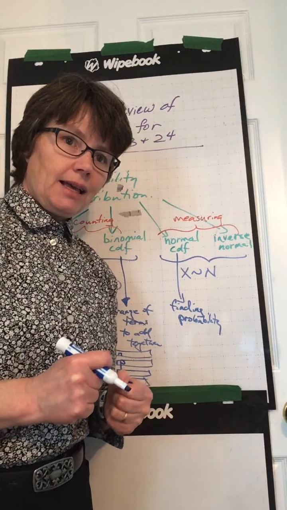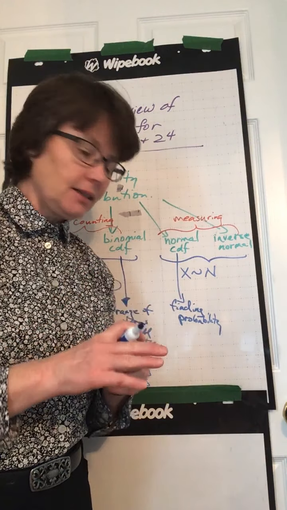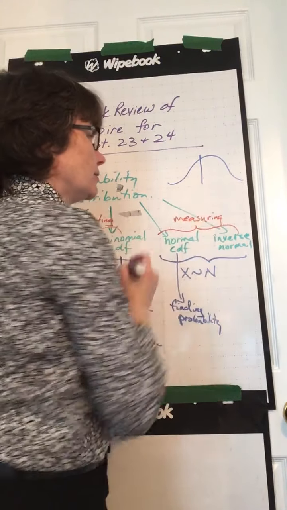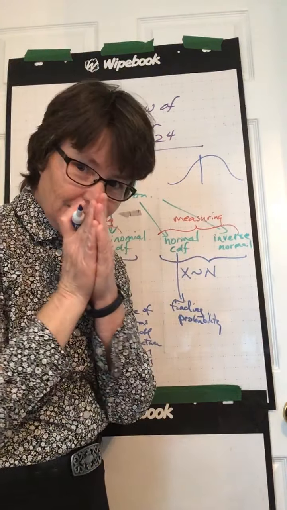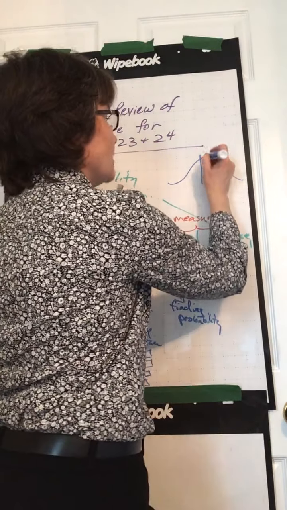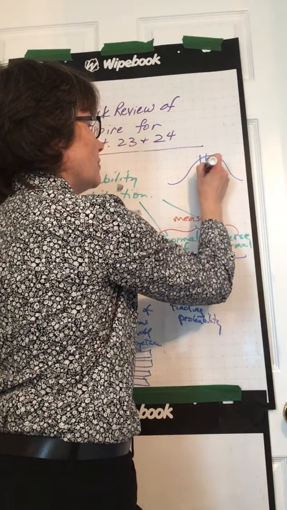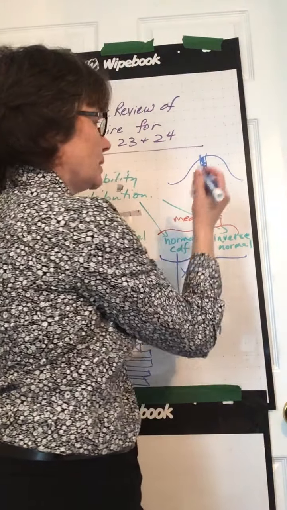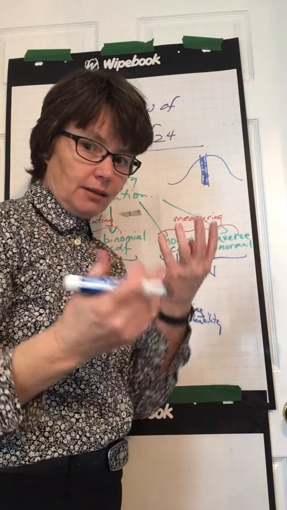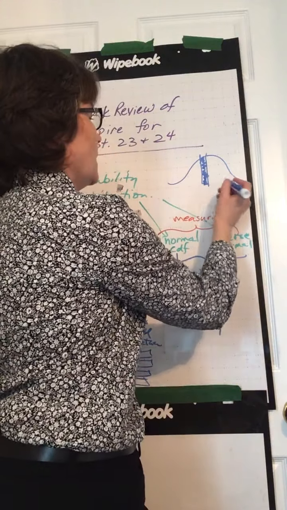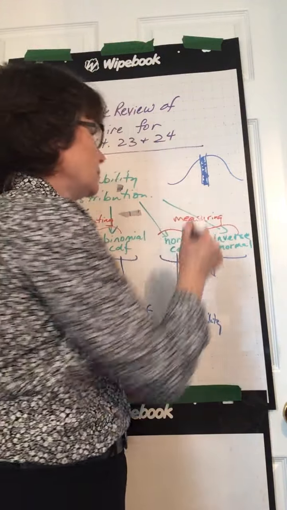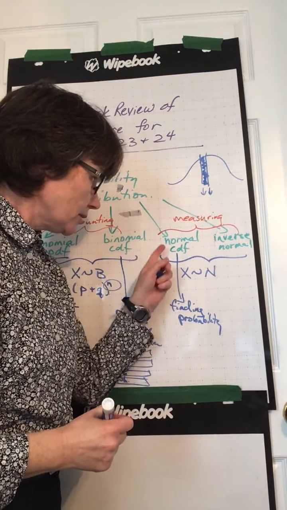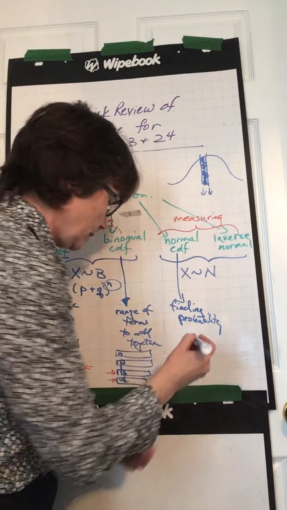You cannot just find the area under the curve of one teeny slice, because the area of one teeny slice would be so small it would be 0. So we have to take a range of values. With normal CDF, we're finding probability.